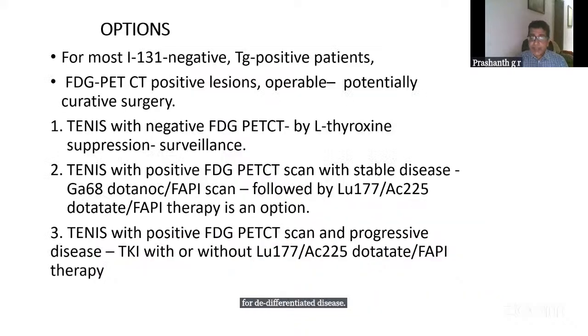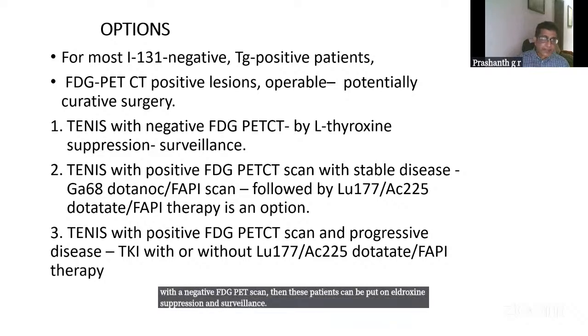So the options again for these patients: for most iodine-131 negative and thyroglobulin positive patients, if operable, surgery is potentially curative. If a patient is non-iodine concentrating with a negative FDG PET scan, then these patients can be put on L-thyroxine suppression and surveillance.